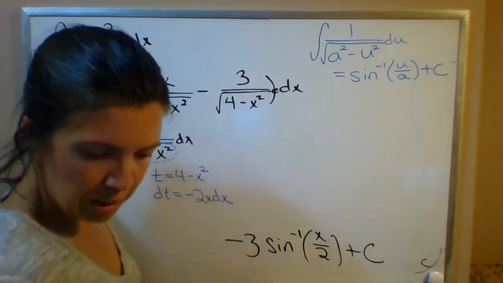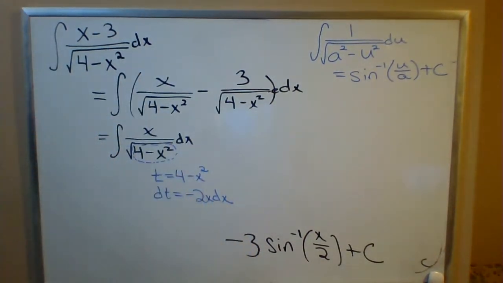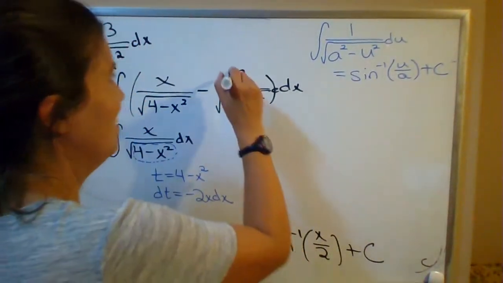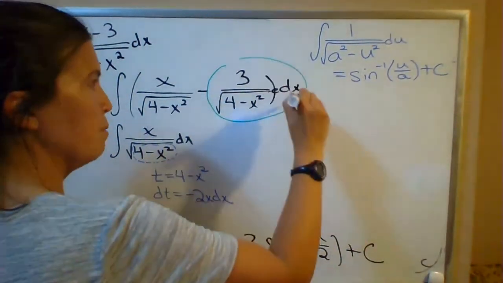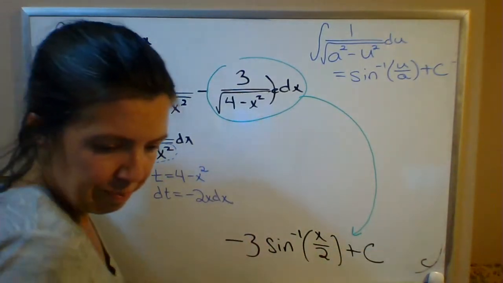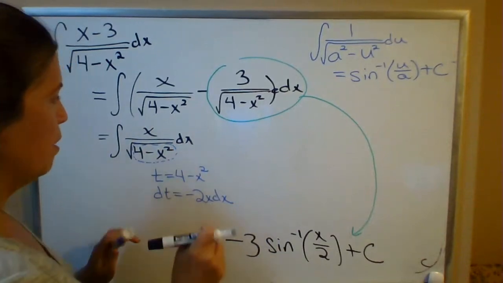Okay. And I'm going to color code this. Draw a map. So this part of the problem turned into this part over here. We need to finish this part up.